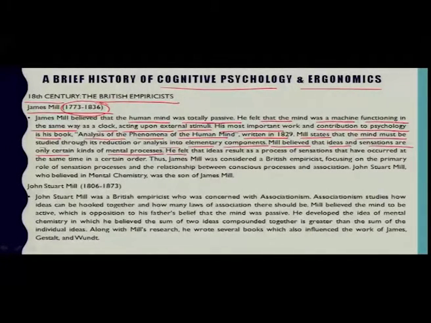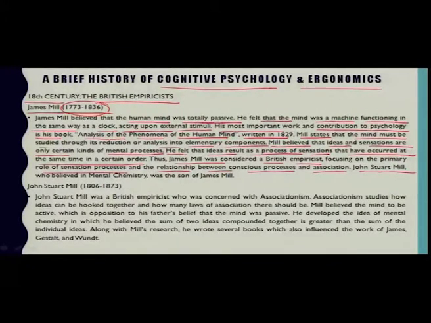He felt that ideas result from sensations that have occurred at the same time in a certain order. James Mill was considered a British empiricist focusing on the primary role of the sensation process and the relationship between conscious process and association.